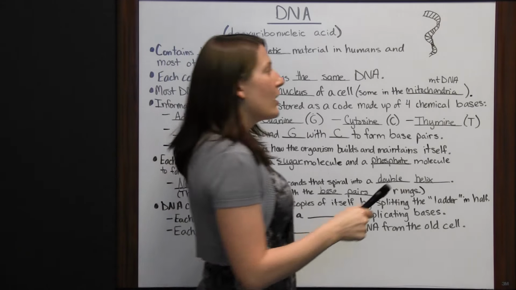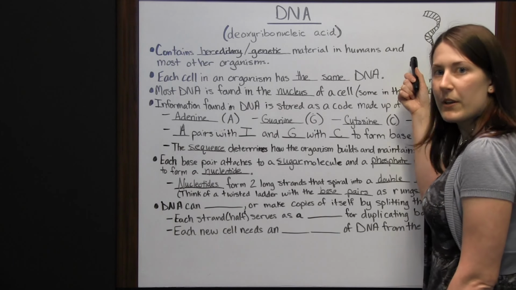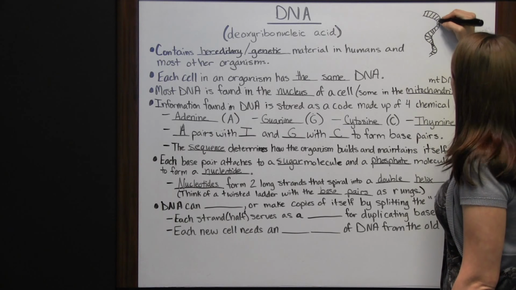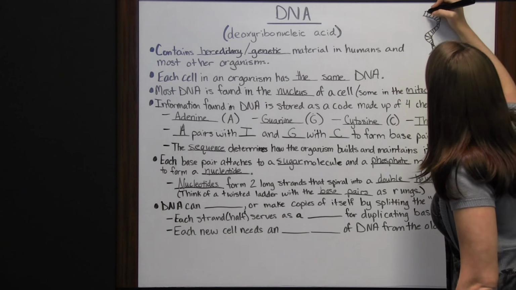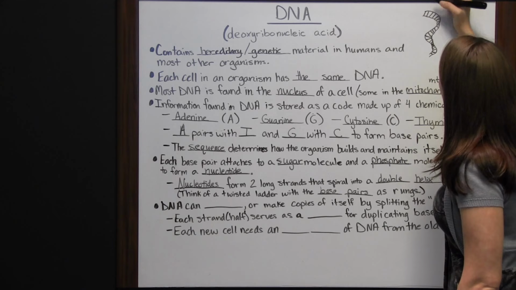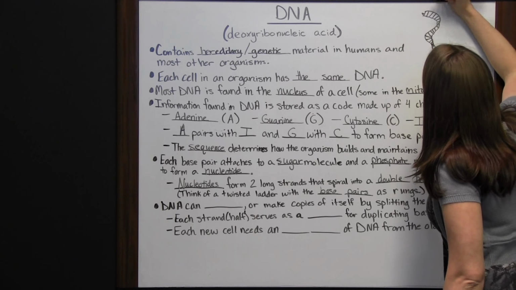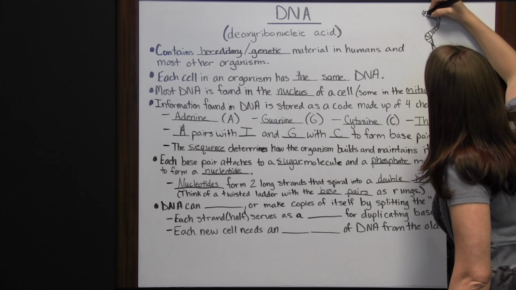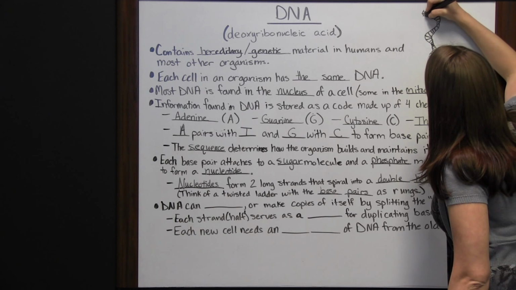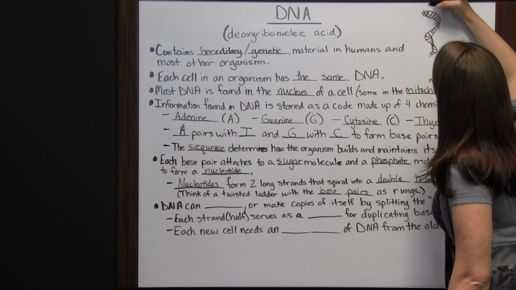as rungs. So if we were looking at this picture here, this would be our double helix shape that's spiraling around, and each one of these little rungs on the ladder would be a base pair. So we would have adenine and thymine together, and they would be paired up. And then here you would have guanine and cytosine paired up.